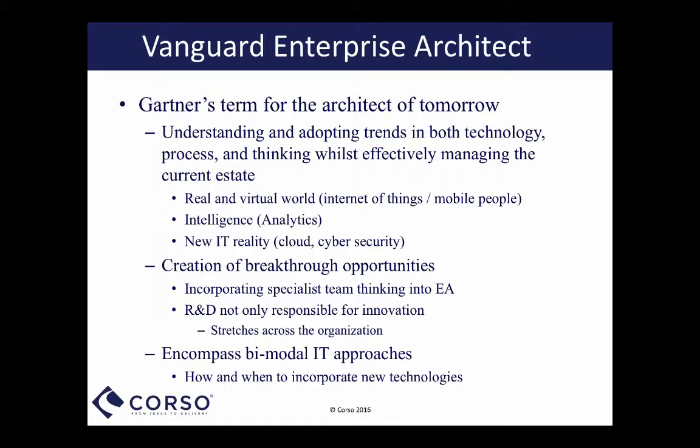Every walk of life. I saw this morning somebody cleaning the windows on a shop front. They used a mobile to take a picture to show that they'd cleaned that front window. It's everywhere. It's throughout where you wouldn't expect technology to be. So how do you manage mobile people and also emerging technologies?